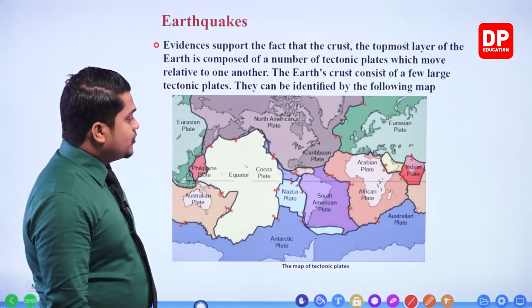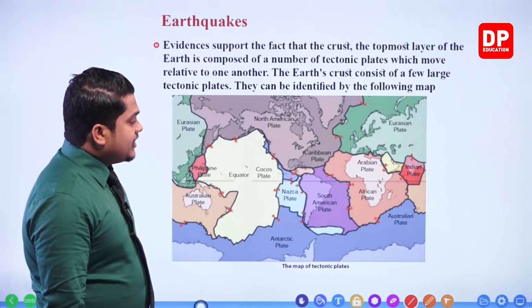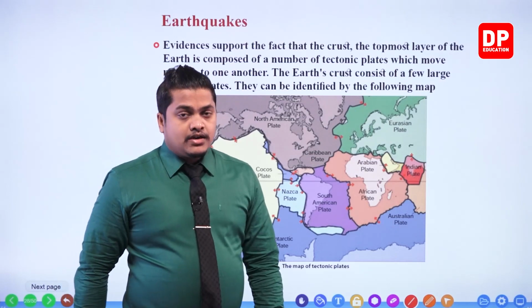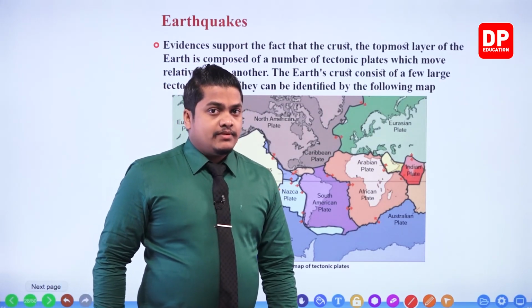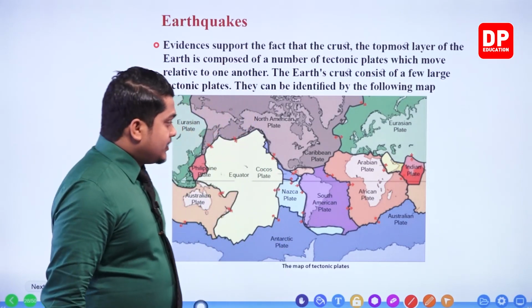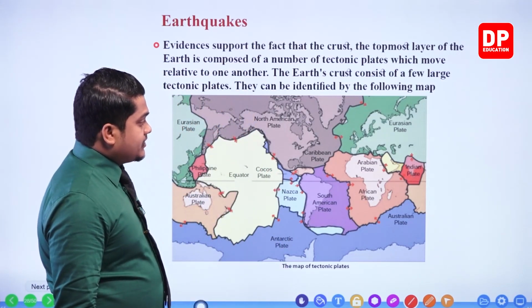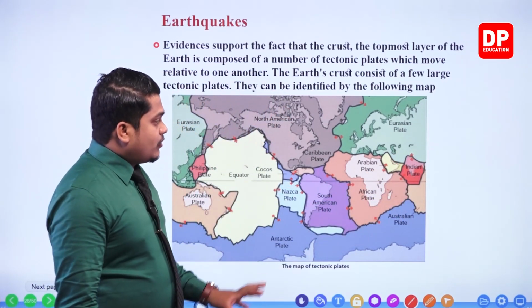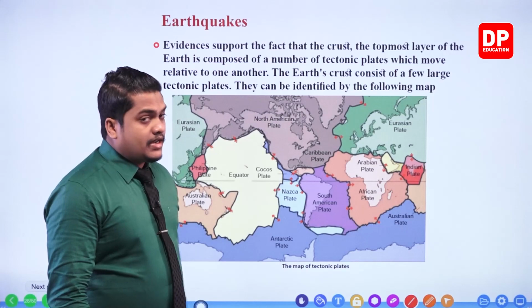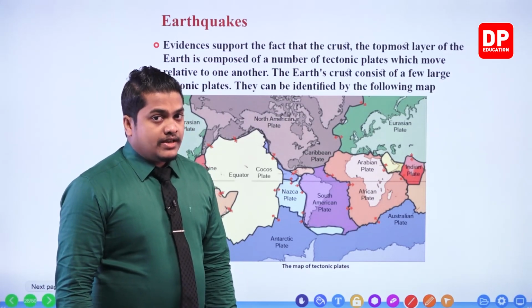Sri Lanka is located within the Indo-Australian plate, okay? So these are the main tectonic plates. Here you can observe the Indian plate separately, but however, this entire plate is also named the Indo-Australian plate.